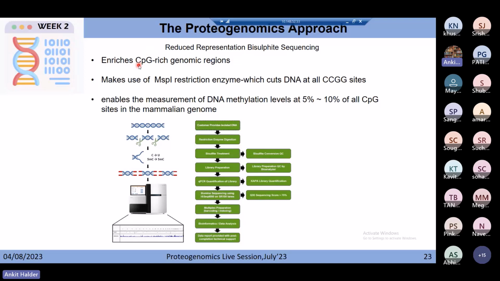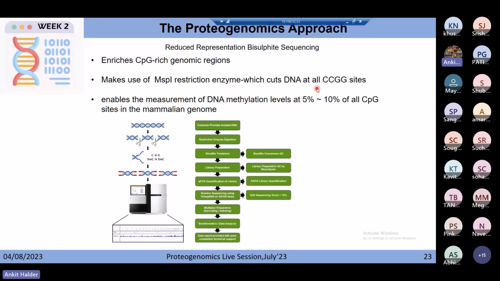If we want to understand how much methylation there is in the CpG island regions, we make use of the MspI restriction enzyme, which cuts the DNA at all CCGG sites.